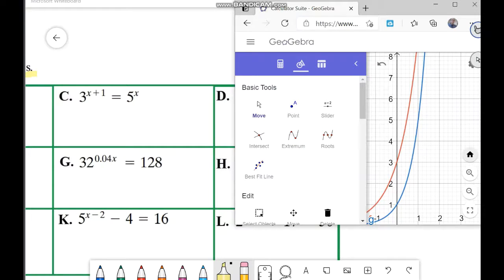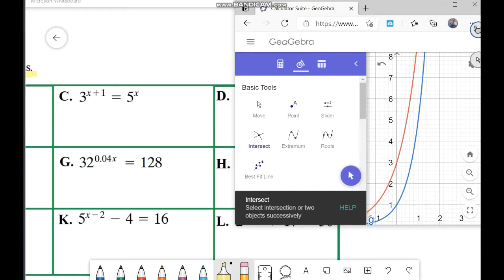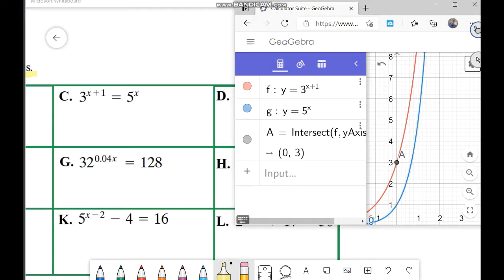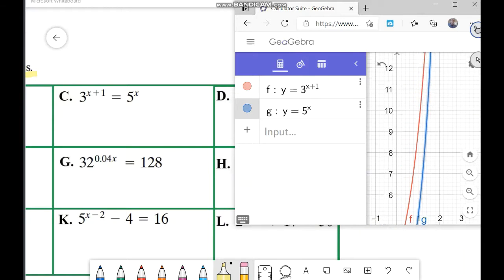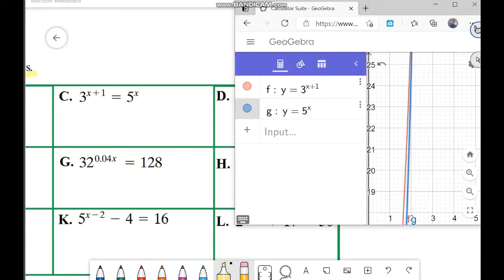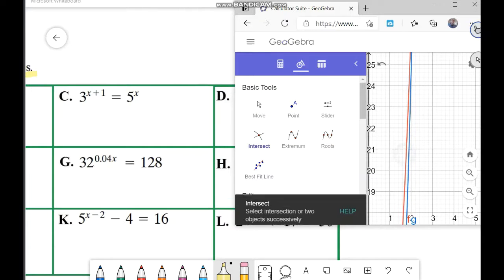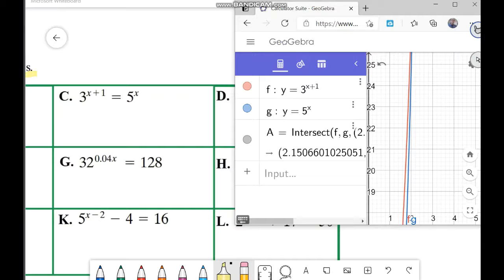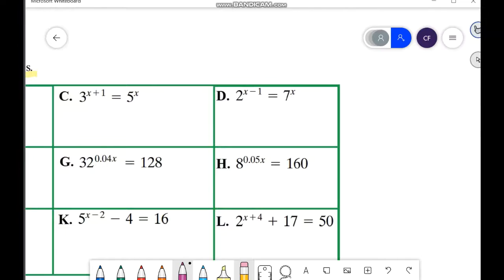Click here and intersect, select this graph and this one, and then this, and then you have the intersection. X equals 2.15066. All right.